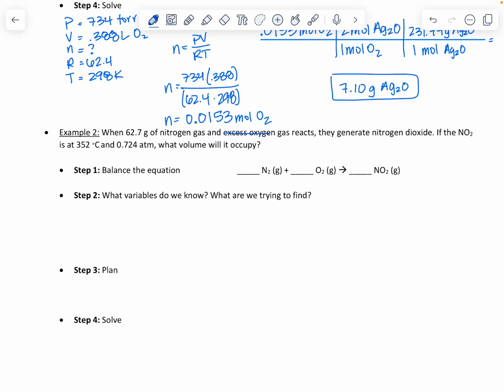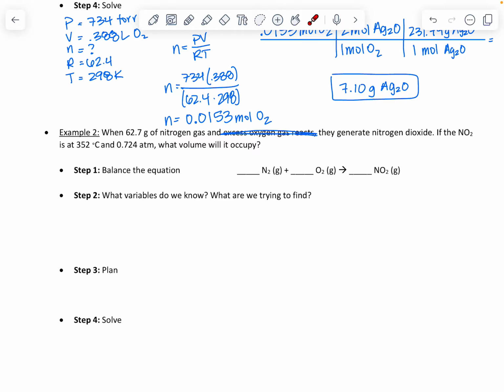When you see excess, you can ignore that. They generate nitrogen dioxide. When it says excess, it just means that there's enough oxygen to react. There's plenty of oxygen available. It's not going to affect our calculation. So we don't care about excess reactants.